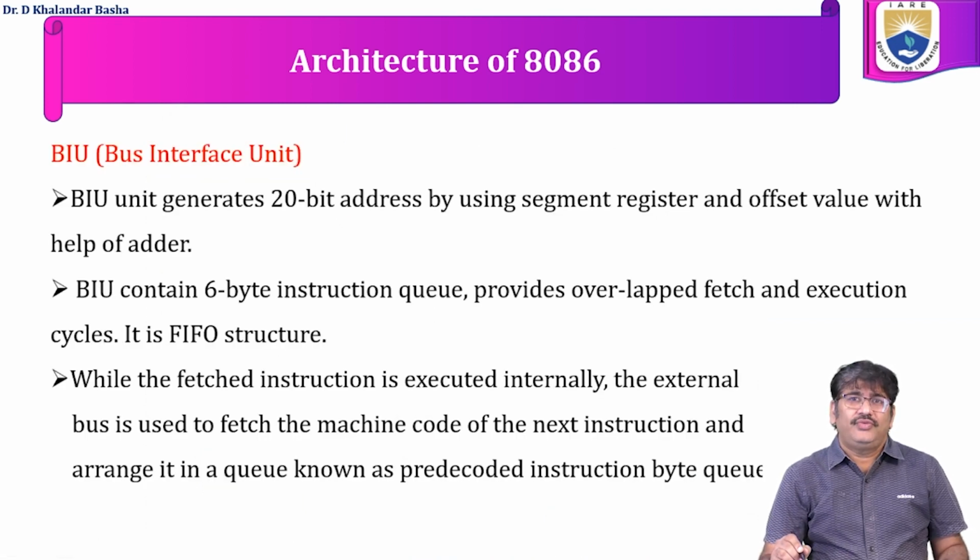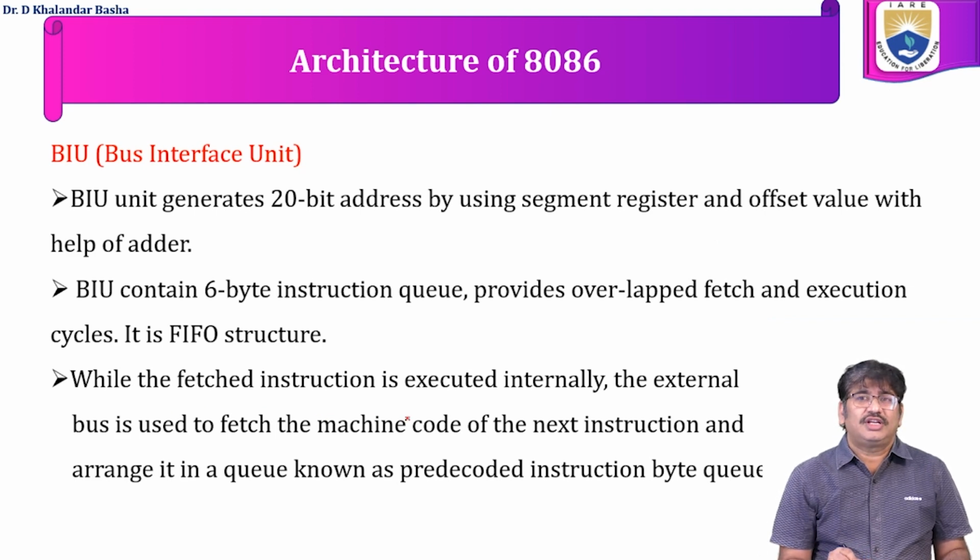The bus interface unit generates a 20-bit physical address by using a segment register and offset value with the help of an adder. The bus interface unit also contains a 6-byte instruction queue, which provides overlap of fetch and execution cycles. It has a first-in first-out structure.